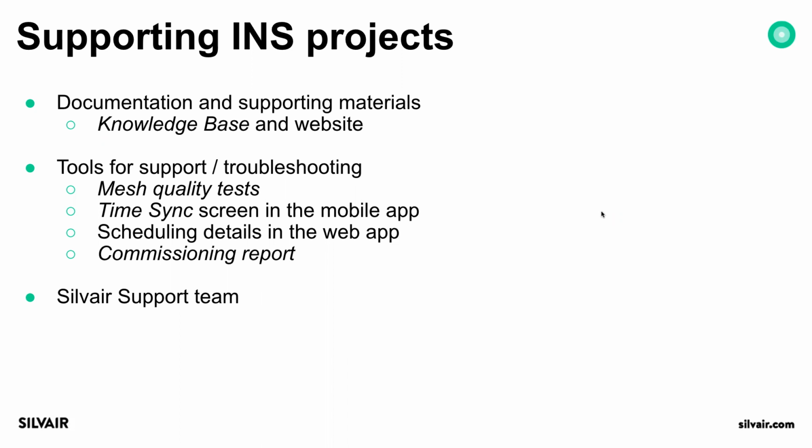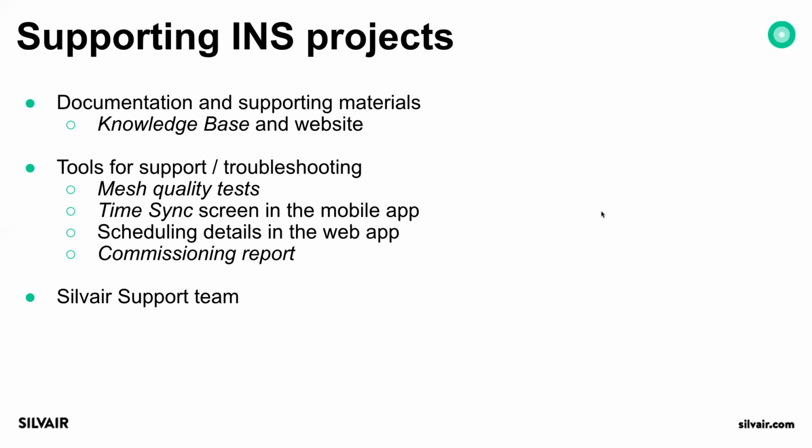First of all, there is a mesh quality test available in the mobile app that I really encourage you to use, or encourage commissioning engineers or people doing the on-site commissioning to use, to verify the quality of the mesh network, as it is really required to have a proper, I would say 100% mesh quality in order to have proper quality in-node scheduling.